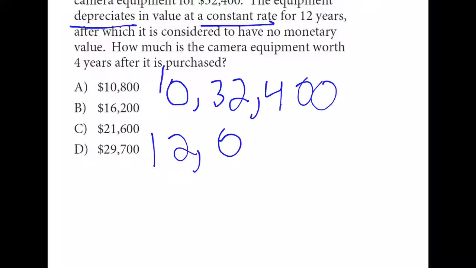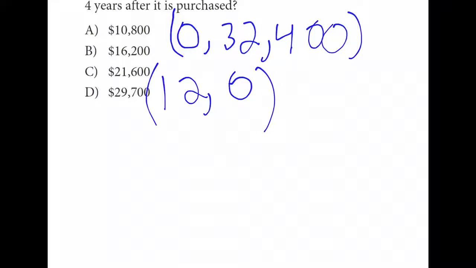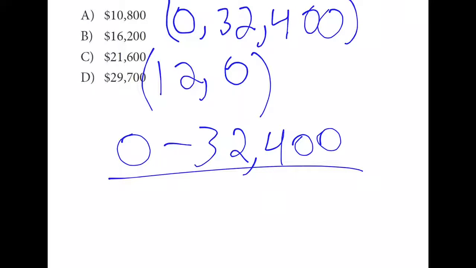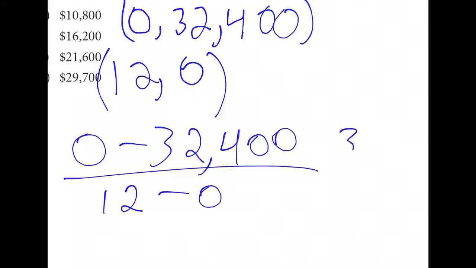If I take these two coordinates and use the change in slope formula, where I take 0 minus 32,400, and I divide this by 12 minus 0, I end up taking 32,400 and dividing this by 12.